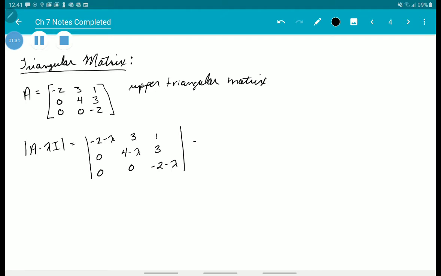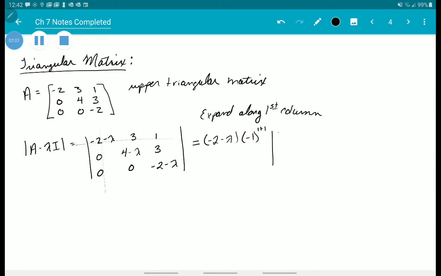So just in case you've forgotten that, suppose we were to write this out. I'm going to expand along that first column. So I have negative 2 minus lambda, and that's where that first row and first column cross, times the negative 1 to the 1 plus 1.